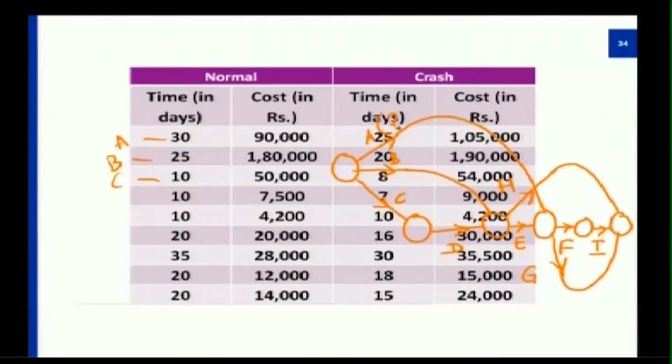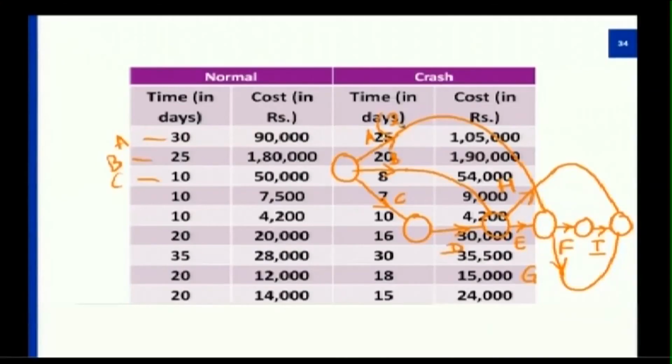Now, to this network diagram, we will consider another point, which is the normal time and the crash time. So, the normal times that I have represented here are 30 weeks, 25 weeks, 10 weeks for individual activities. So, this is for A, this is for activity B and this is for C, and likewise it goes.